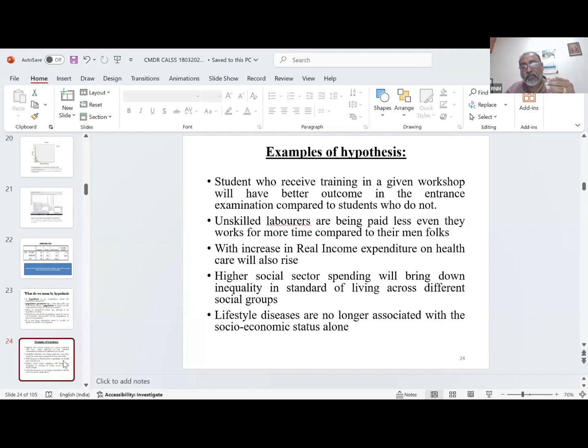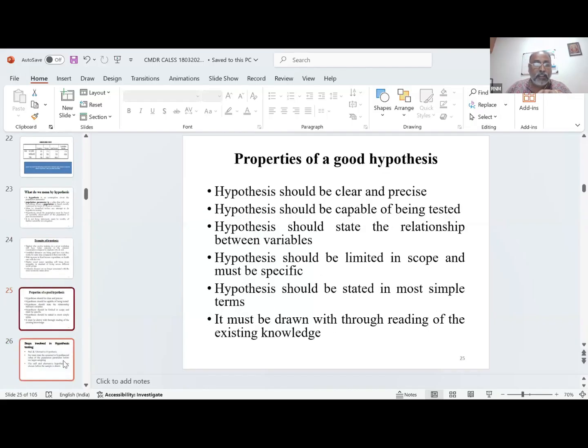Because as I told you, everything, your data collection, tool making, then the tests, depends upon how you have started from the beginning, how you have framed your research questions. So that's why I am revisiting this slide. I'll not spend much time on it, because you can all go through this slide and you have already attended this class. These are a few properties which are self-explanatory, so you must go through them.